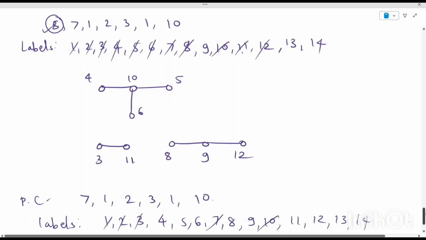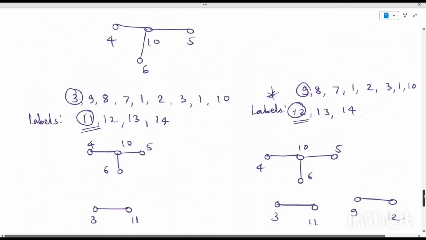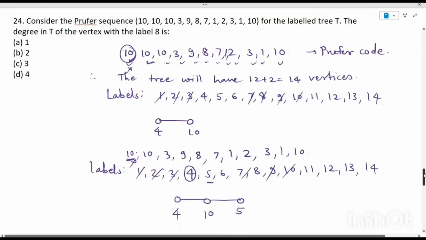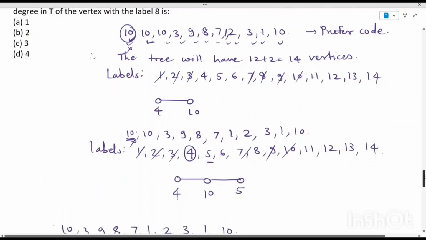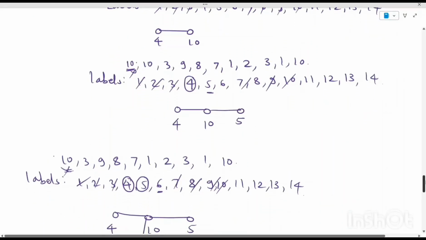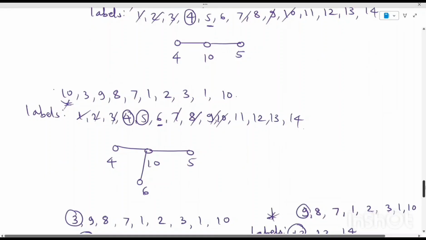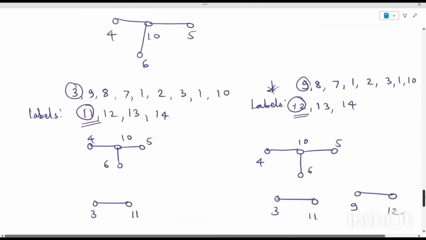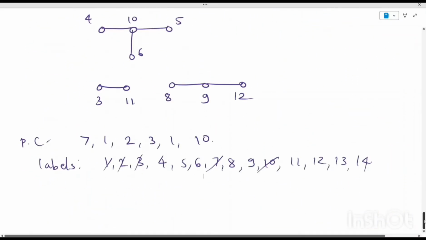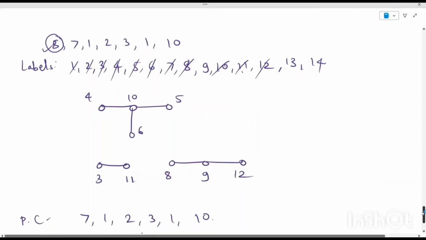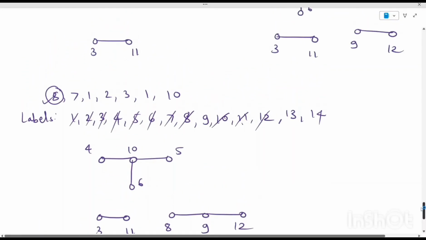Which labels are taken from previous steps? At step 1, we have taken 4. At step 2, 5, and then 6, 11, 12.